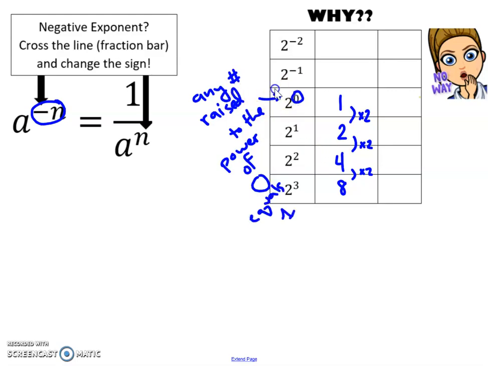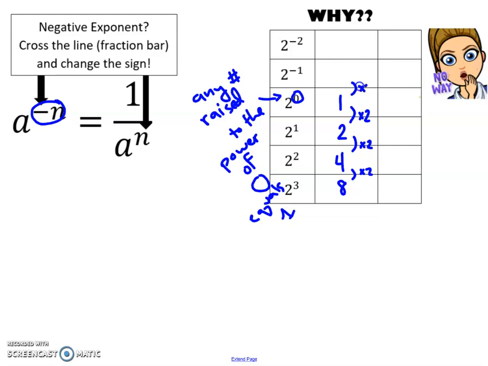Always, whatever the number is, except for 0, because 0 to any power is just 0. There's no pattern with 0. But any number raised to 0 is going to give you 1, because there's our proof. If we reverse the pattern, you're going to see, hey, I always end up at 1. All right, let's keep working backwards.